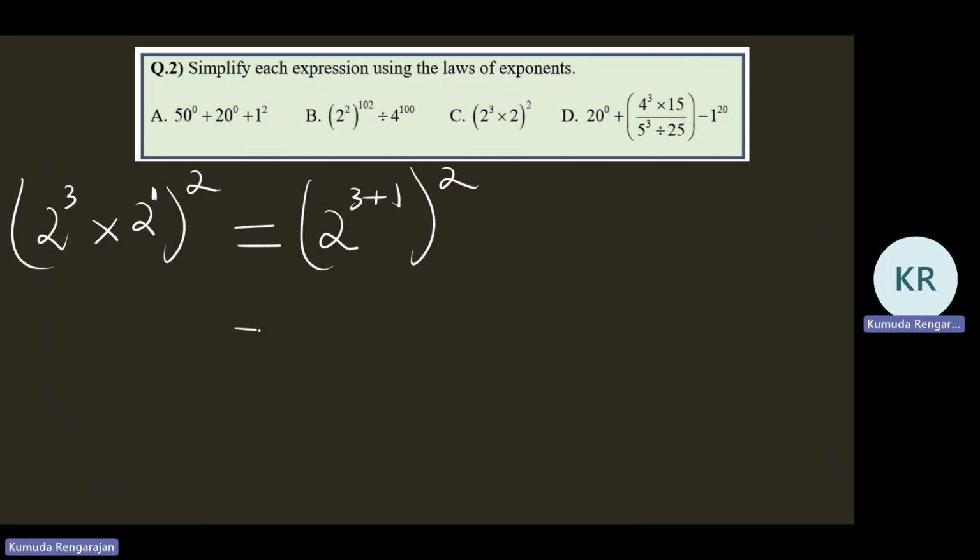All right. So this is equal to 2 to the power 4 into 2. Should multiply. Outside இருக்கிறது உள்ள கொண்டு வந்து அடிஷன் பண்ணணும். Powers எல்லாம் multiply தான் பண்ணணும். 2 to the power 8.